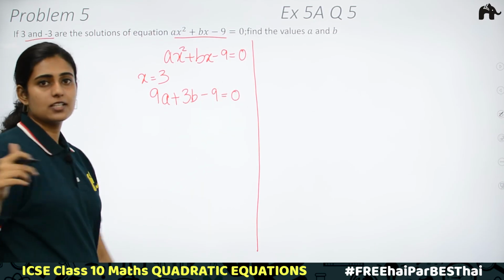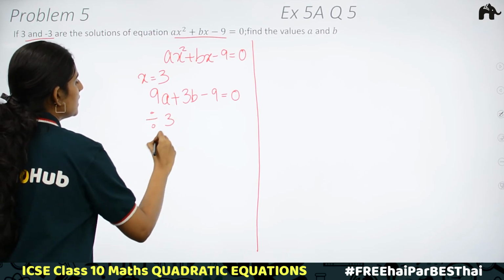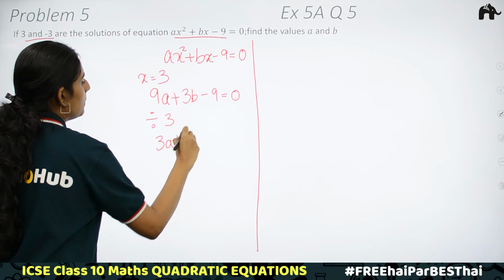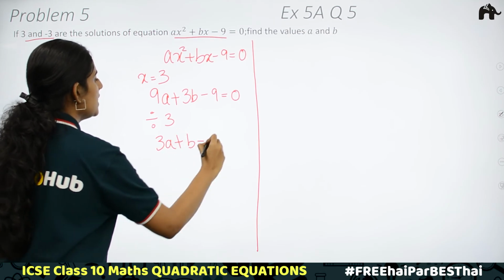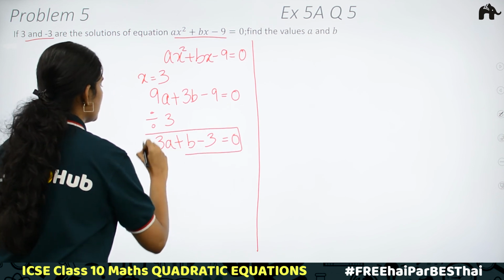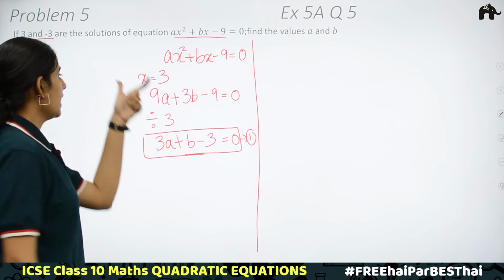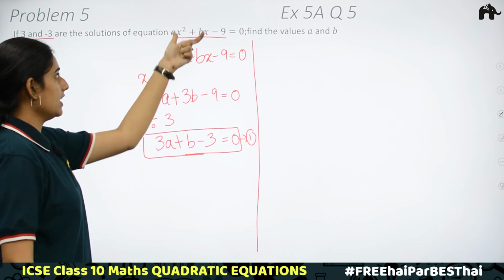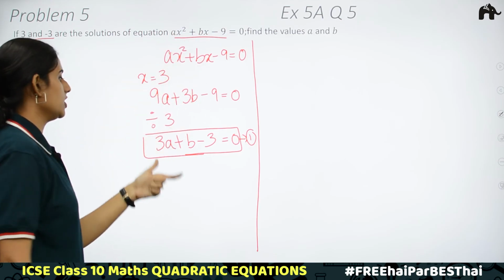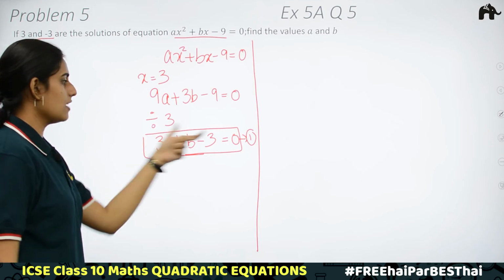Dividing throughout by 3, you get 3a plus b minus 3 is equal to 0. This is our first equation. When we substitute x is equal to 3 in the given quadratic equation, you get this expression.